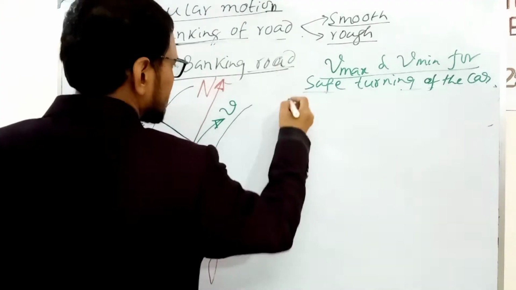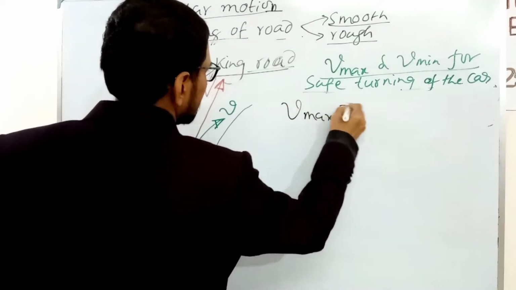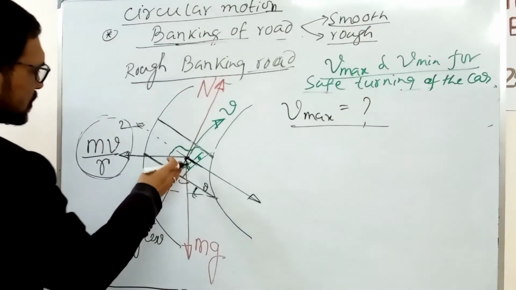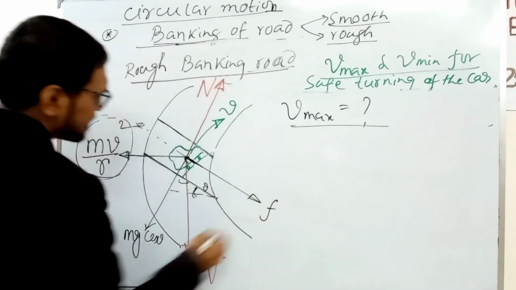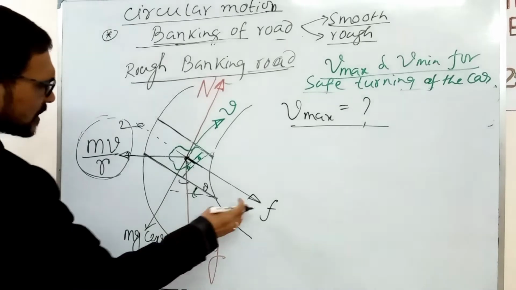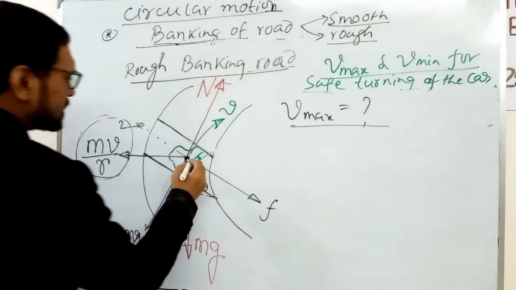Now for v maximum, find the v maximum. The friction force acts in this direction. Now we resolve the different forces along horizontal and vertical.